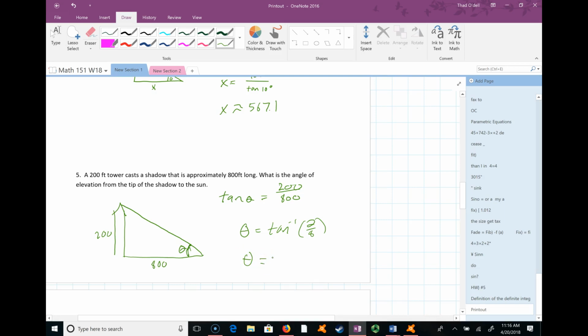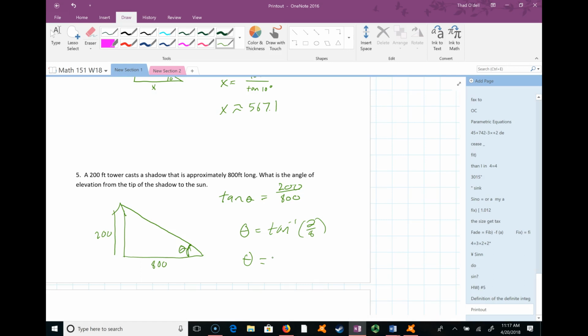Whoops, I think I did that in radians. Just a minute. There we go. Inverse tangent of, oh, it's in radians again, I need degrees.